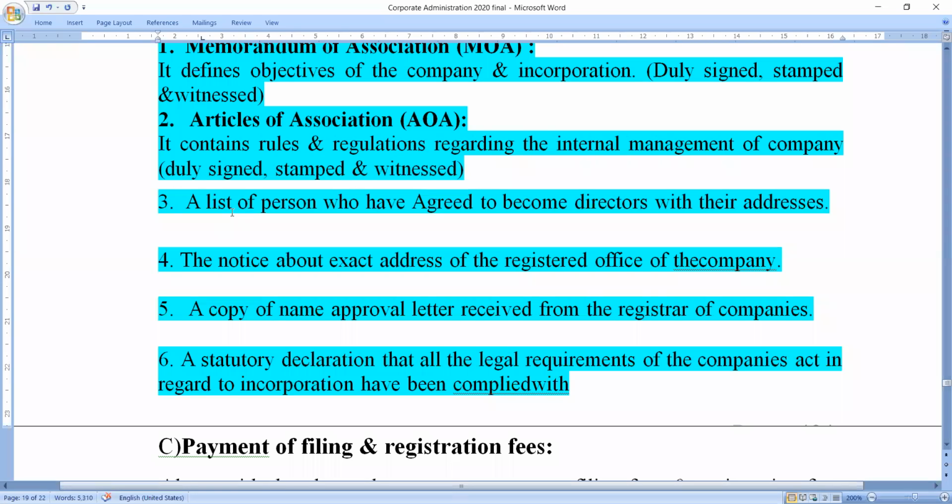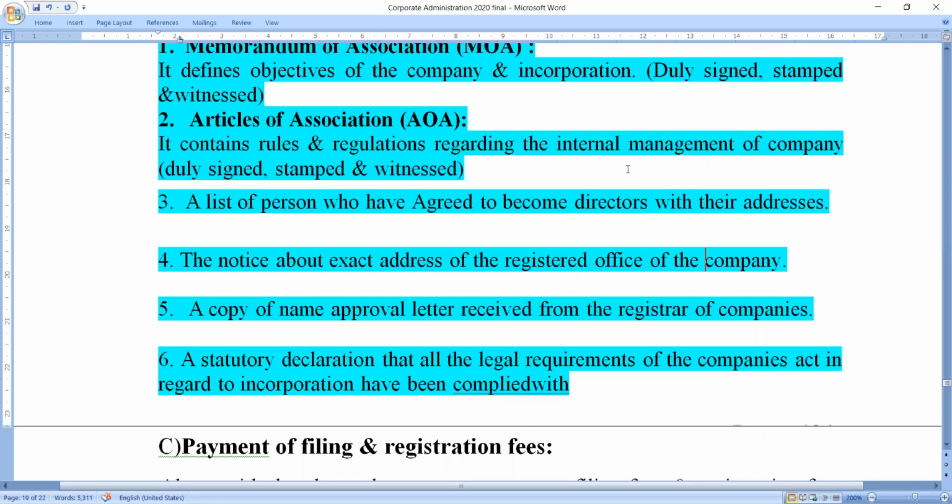After that, the fourth one here, the notice about the exact address of the registered office of the company. This is very important: where your company is located, either in your regional area, in your country, or in your state.